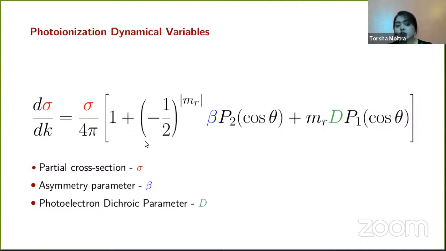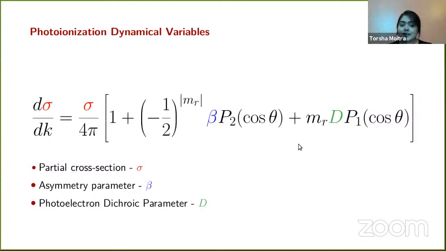This expression shows that the angular distribution of the photoelectron can be described by only 3 parameters, namely sigma, which is the partial photoionization cross-section, beta, which is the asymmetry parameter, and D, the photoelectron dichroic parameter.